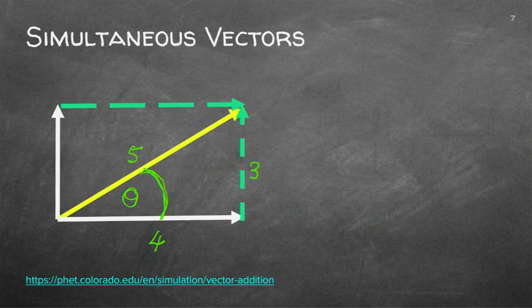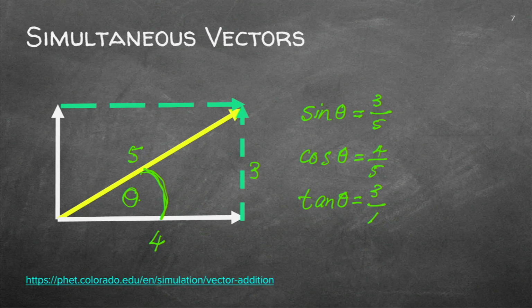I can say sine, I can say cos, I can even say tan, because I've got all the values. Sine will be the opposite over the hypotenuse. Cos will be the adjacent over the hypotenuse.